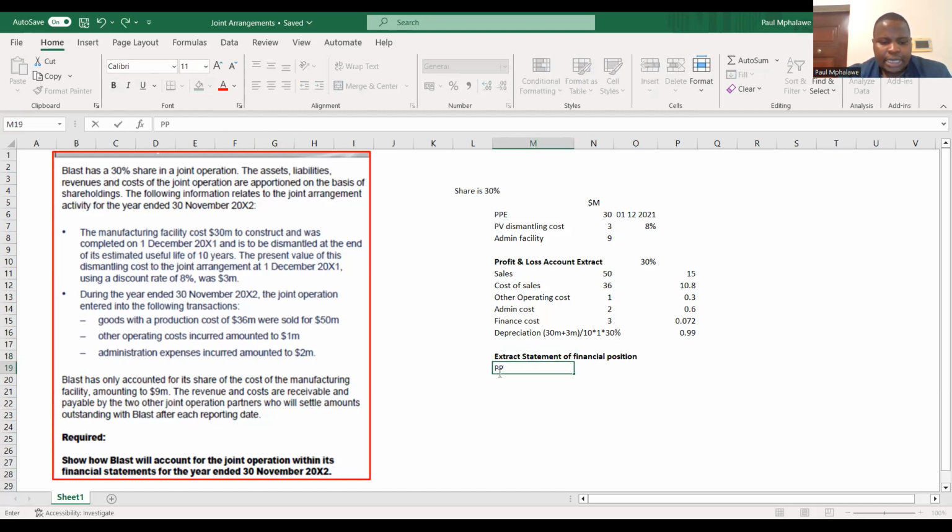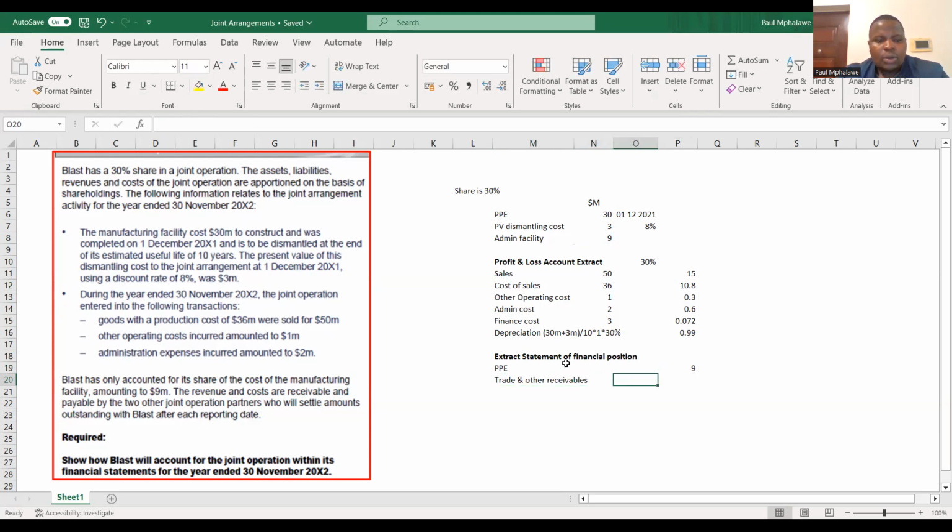In terms of property, plant, and equipment, we are given already that Blast has only accounted for its share of the cost of the manufacturing facility amounting to 9 million. So 9 million, this one is straightforward. We are not to take any share on that one. What else do we need to account for? Trade and other receivables.